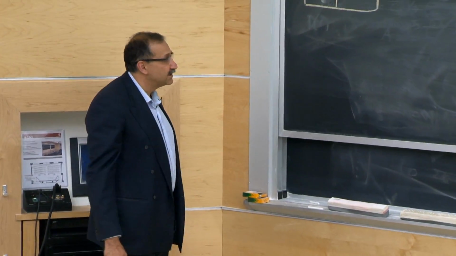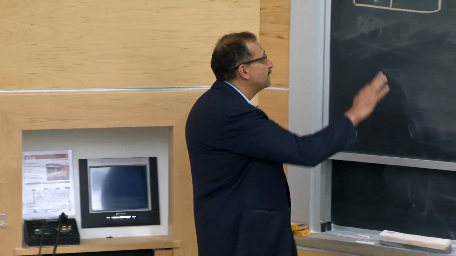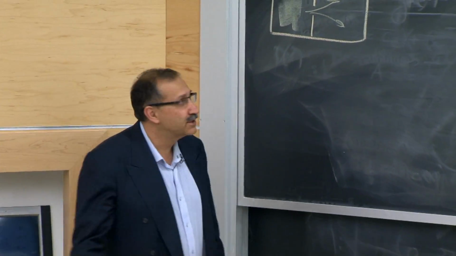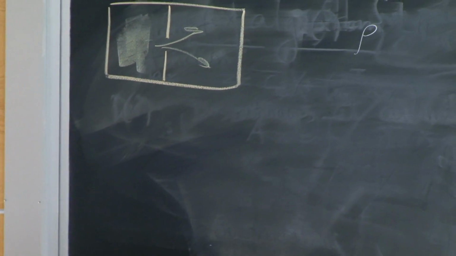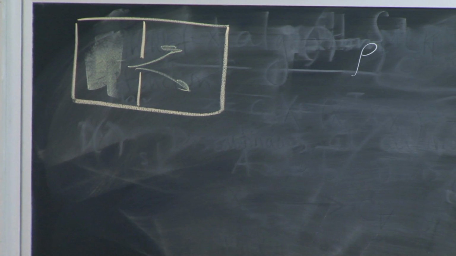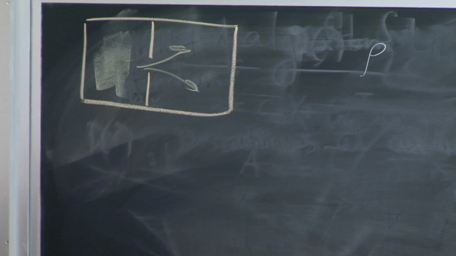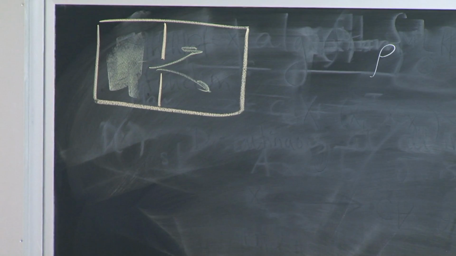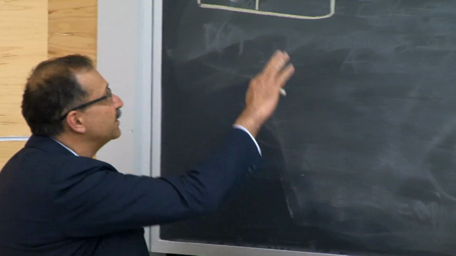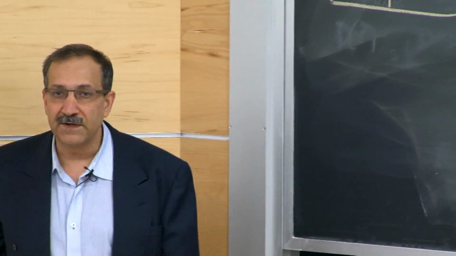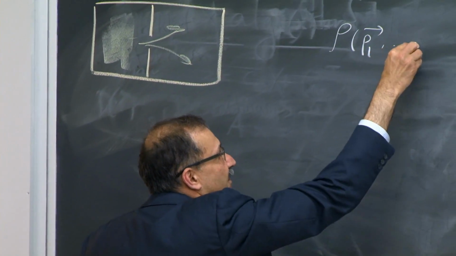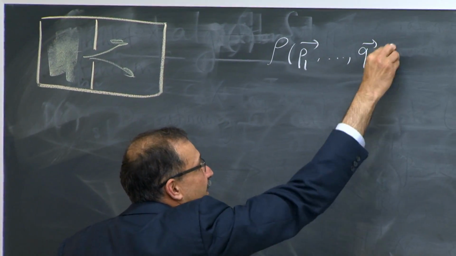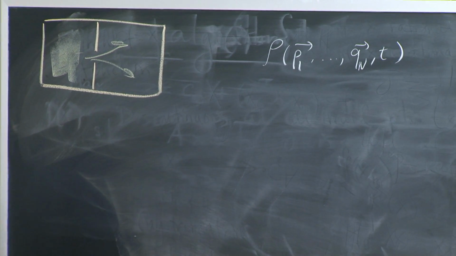So the first stage was to say that we will describe the process by looking at a density, which describes the number of representative examples of the system whose collections of coordinates and momenta occupy a particular point in the 6n-dimensional phase space. So basically, this is a function that depends on 6n coordinates. And of course, it changes as a function of time.